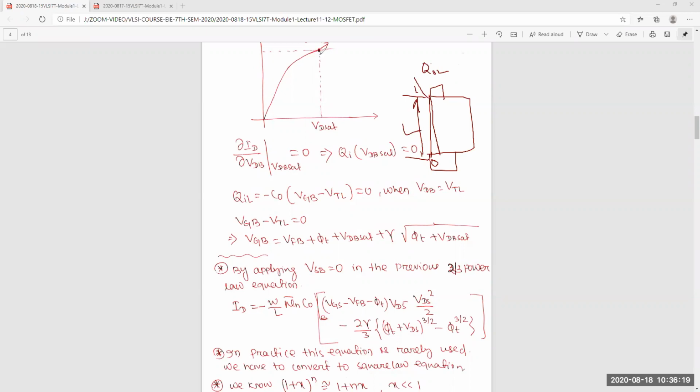At the threshold point, at this point, QIL is equal to 0. This thing we know. QIL is nothing but minus C0 times VGB minus VT L, where L means that point, threshold voltage, is equal to 0. So if we solve this, this must be 0. That means VGB is equal to V phi plus VT plus this thing. So here, this is your VDB sat.